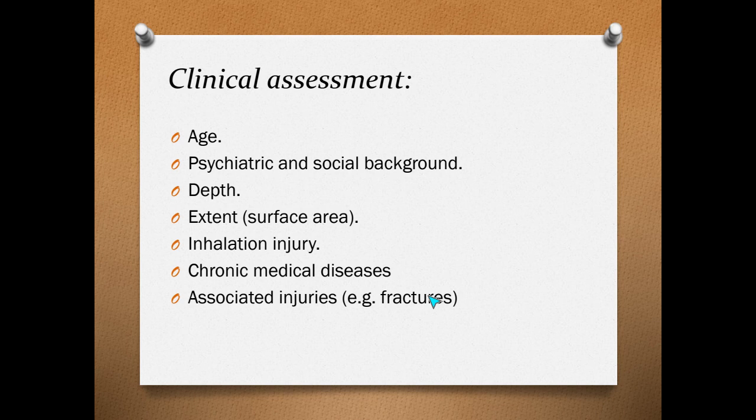Usually if a fire catches somebody's clothes, people tend to run, or someone who is living, for example, on the third floor may try to jump and escape the fire. So it's quite possible that the patient will have some other injuries. That needs to be considered during the assessment of the patient.